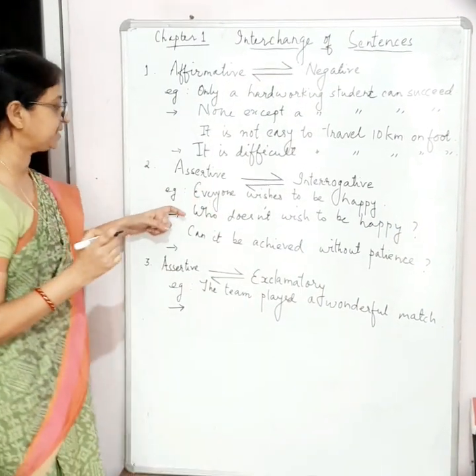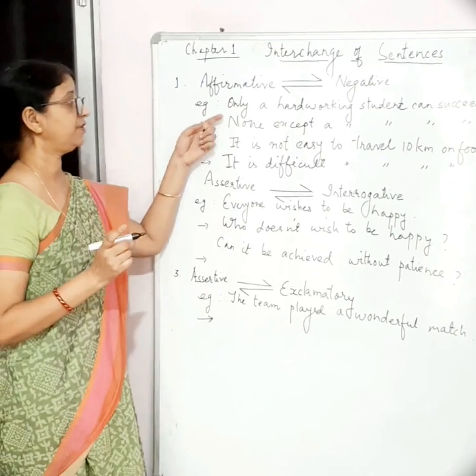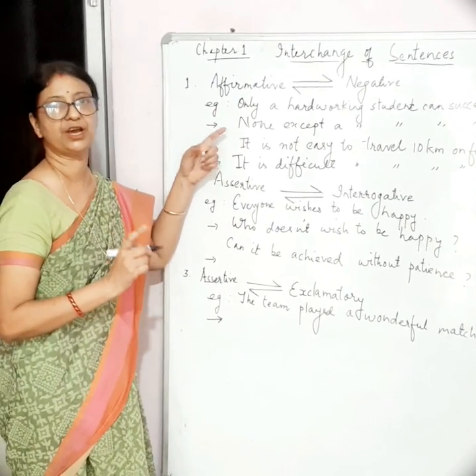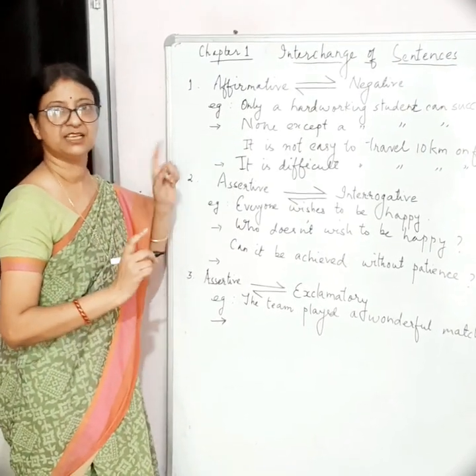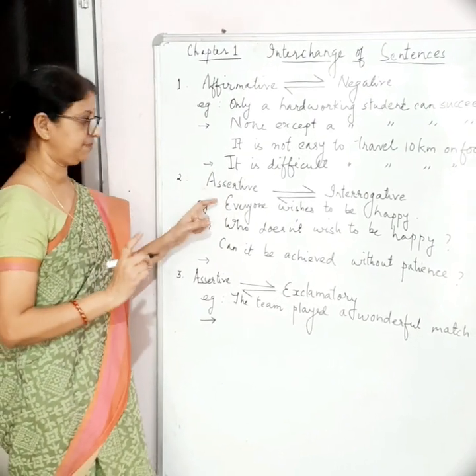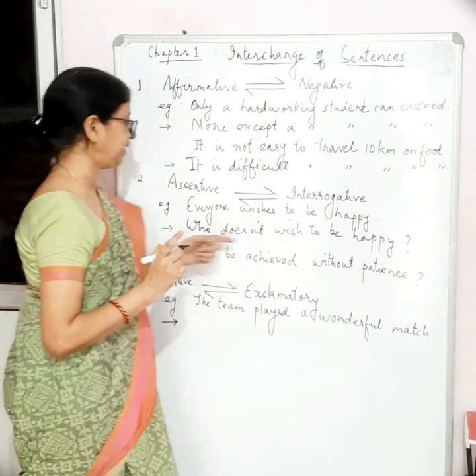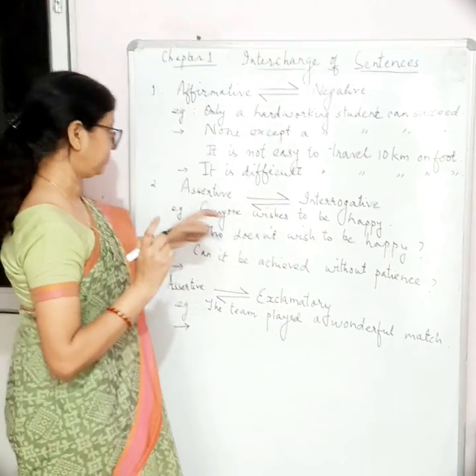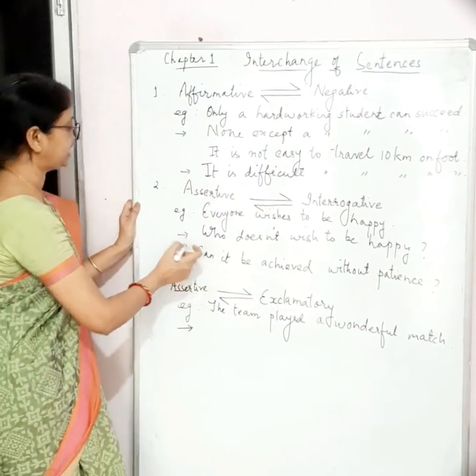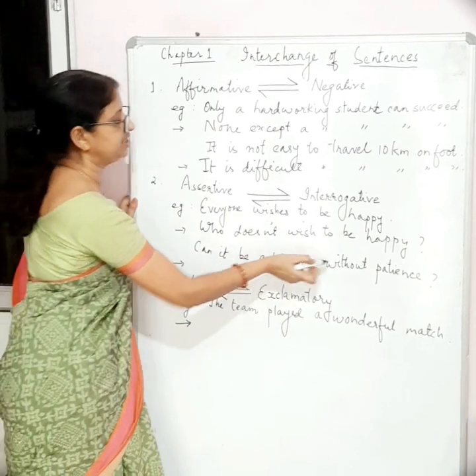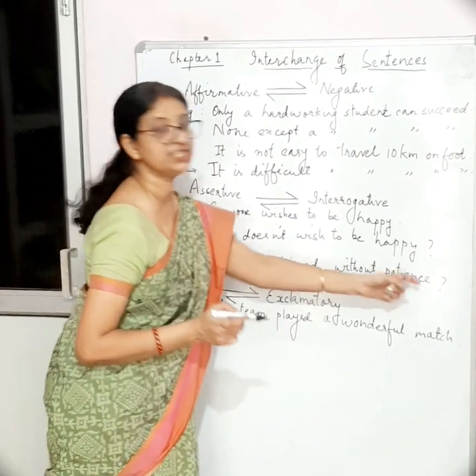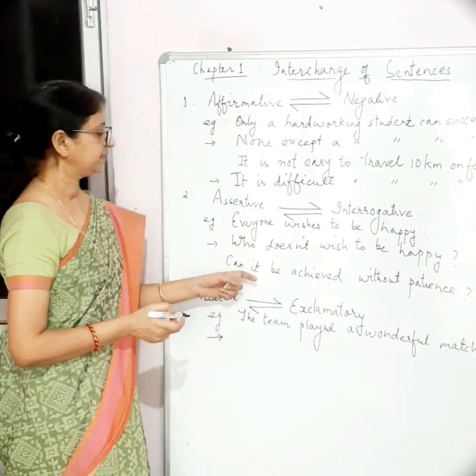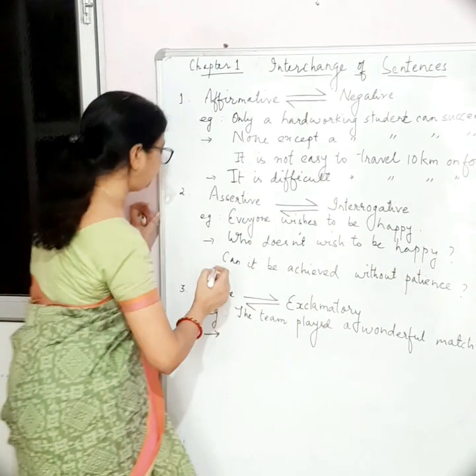So the meaning remains the same. Always remember that whenever you transform sentences from one form to the other, the meaning should remain the same. Everyone wishes to be happy. Who doesn't wish to be happy? The meaning is the same. Okay. Second example, can it be achieved without patience?